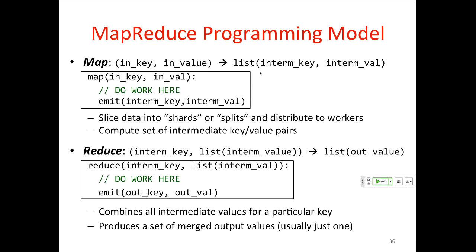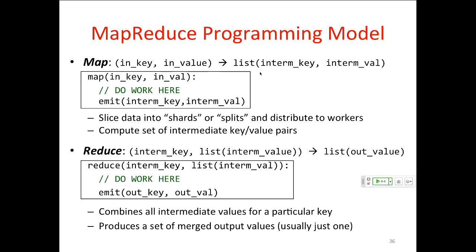By using map and reduce functions, you can specify the task which can be done in parallel on a warehouse scale computer. First we have the map function, which gets input key and value pairs and produces intermediate key and value pairs.